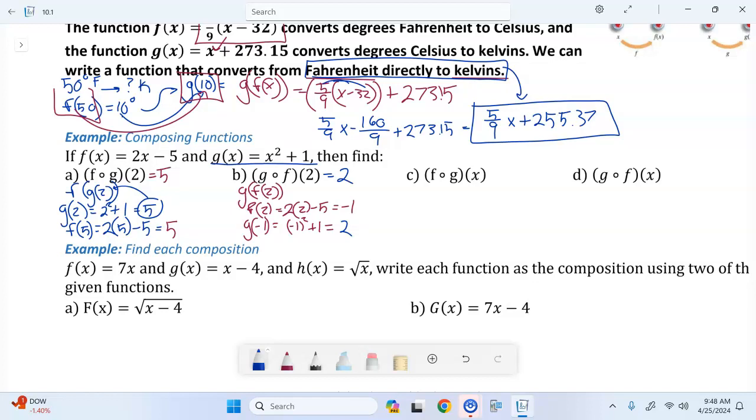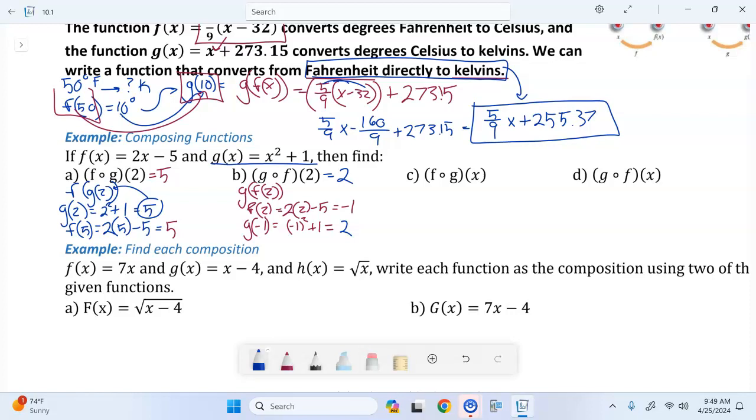They give us two different answers. Composition is not commutative. The order in which we apply the composition will matter and give us different answers. Except for a very, very special case, which we will discuss on Monday.